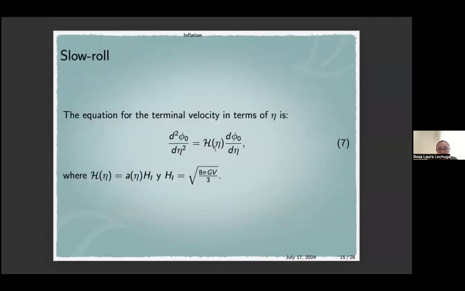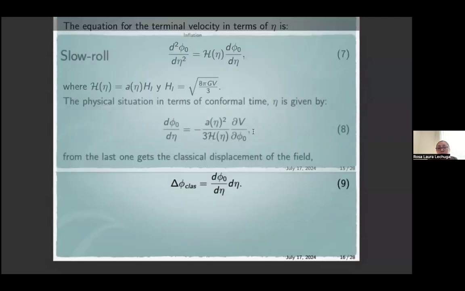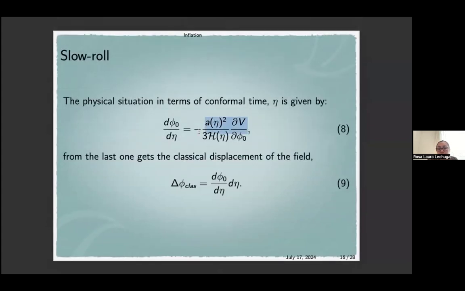And now we have the equation that I mentioned, which represents how the particle rolls down the potential, in terms of the factor of the expansion and the factor which encodes the size of each hypersurface. In many references, you can find that this displacement is known as classical displacement.